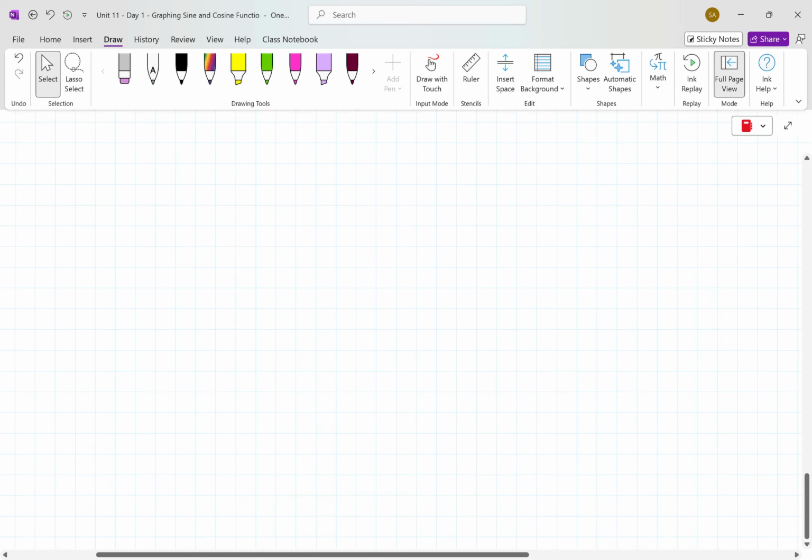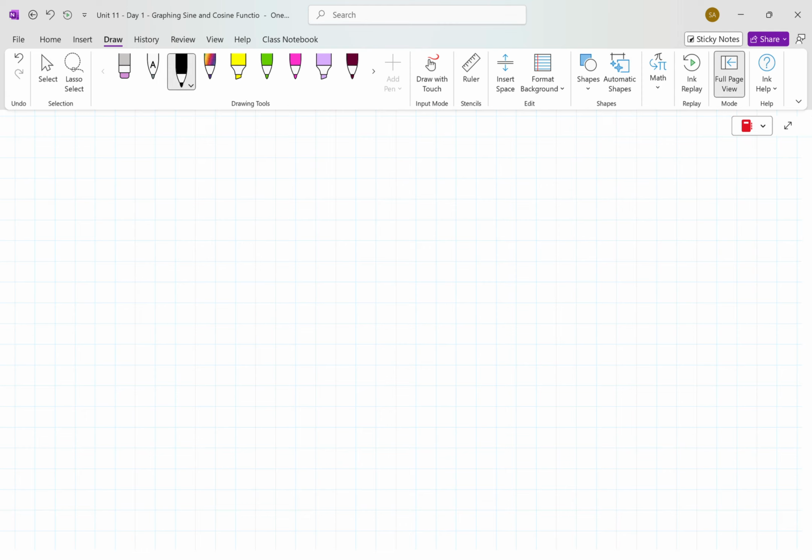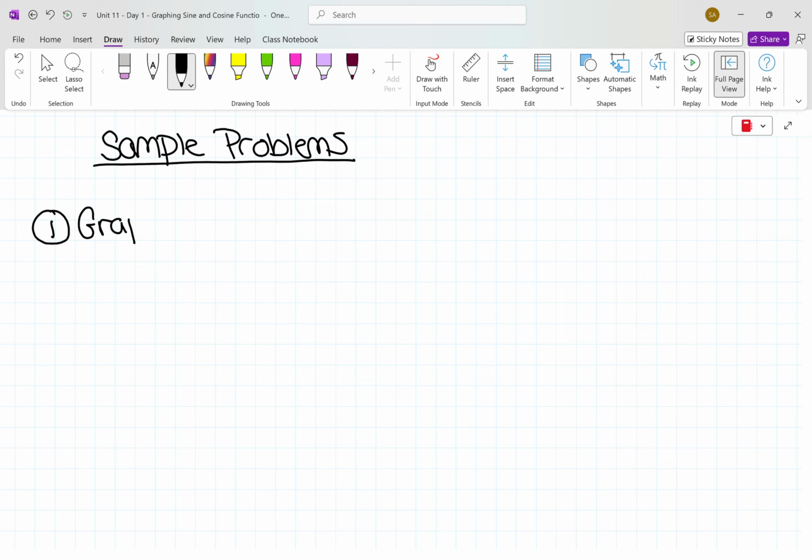So what I want us to do. Here are our sample problems. I want us to graph y equals 3 times the sine of x.